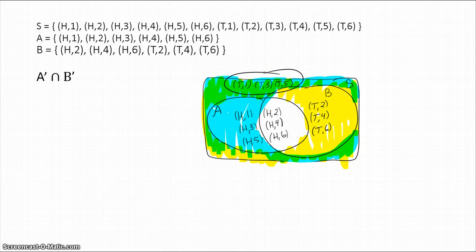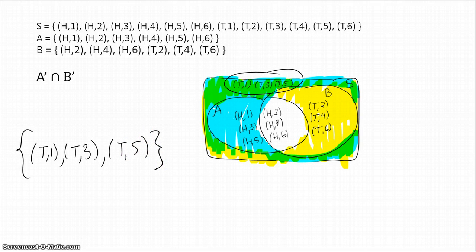So A complement intersect B complement is equal to the set containing T1, T3, and T5.